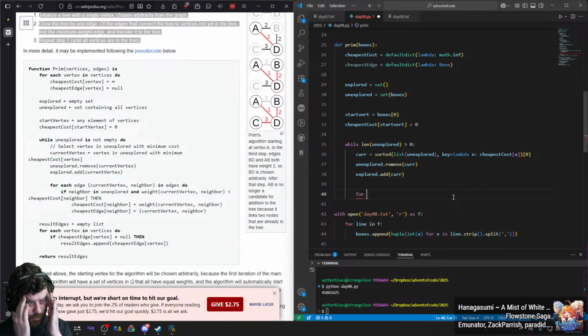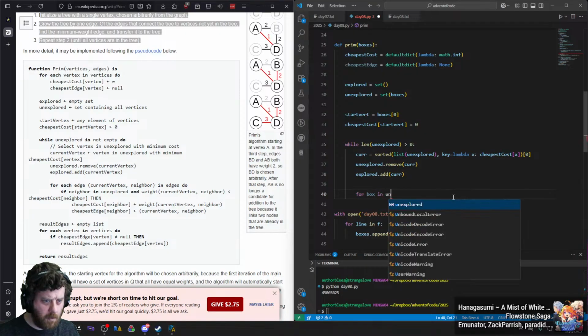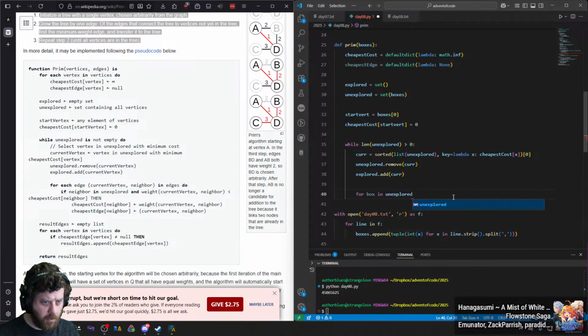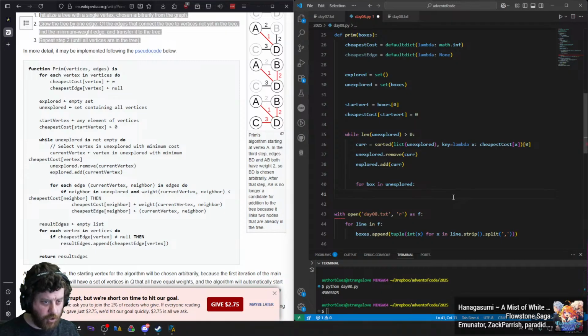So this is where it gets tricky. For every edge in... For box in unexplored, because we have a connection to all of them.